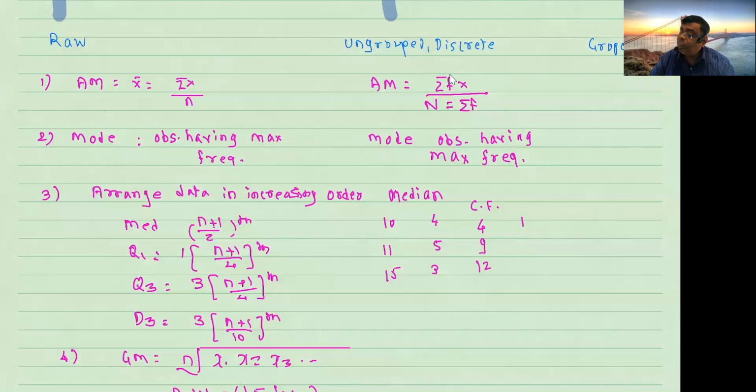So observation number 1 to 4 is 10, 5 to 9 is 11, and 10 to 12 will be 15.